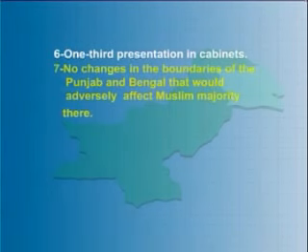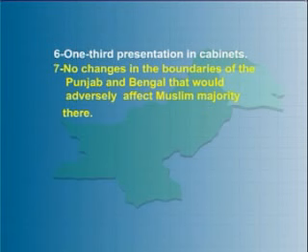The next point, the seventh point, was that the boundaries of the provinces of Punjab and Bengal should not be changed so that Muslim majorities become minority.